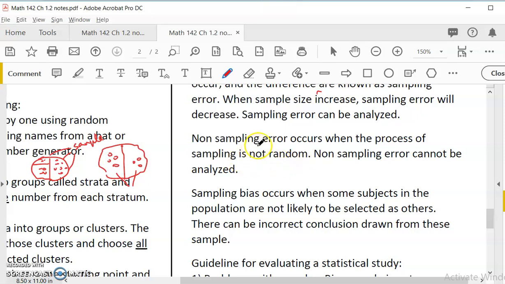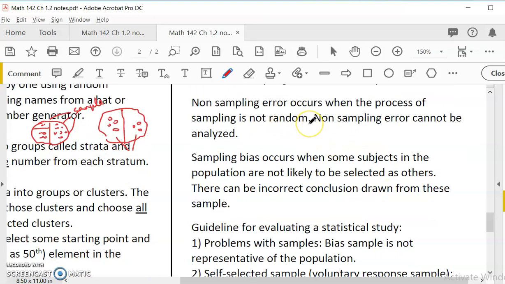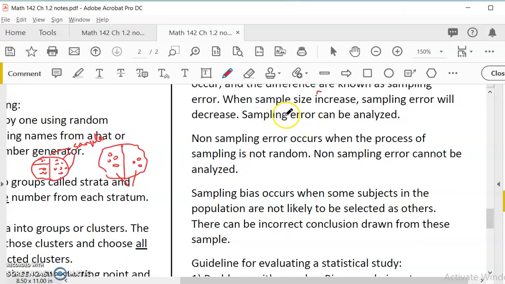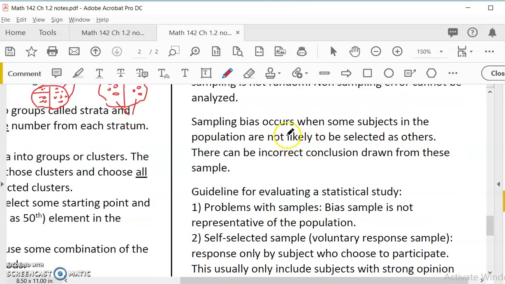So this error is because the process of sampling is not random. So this non-sampling error cannot be analyzed. They have no particular pattern, whereas sampling error due to random sampling can be analyzed because it obeys certain patterns.